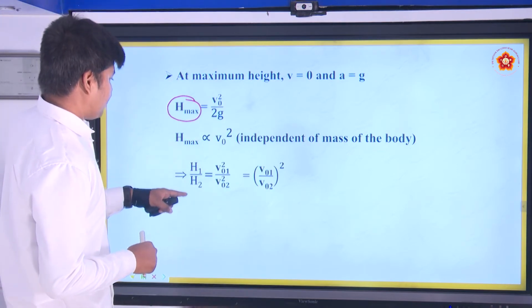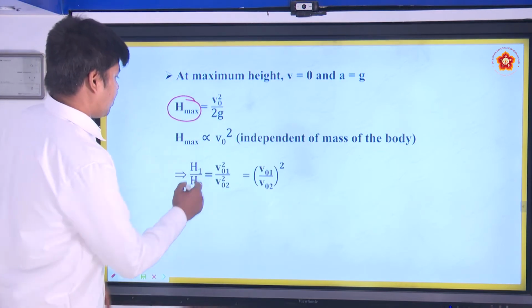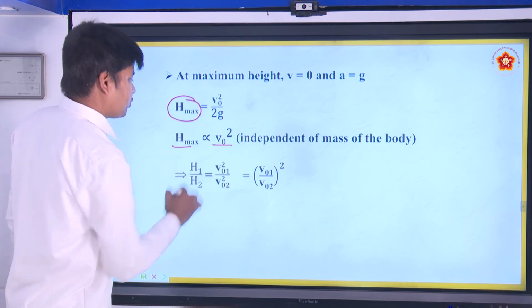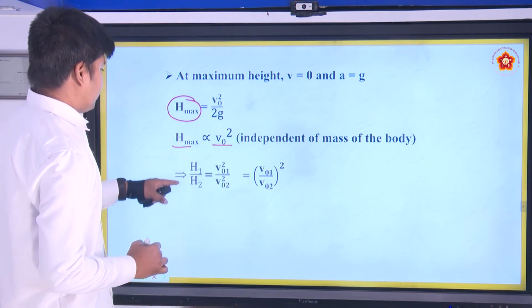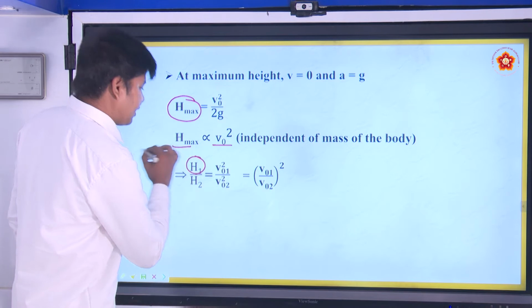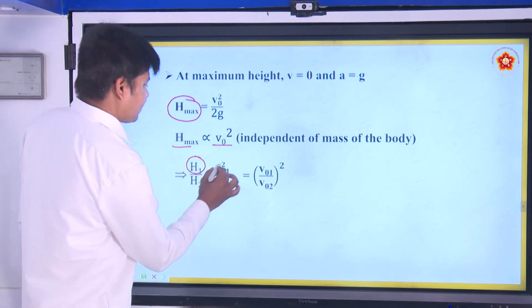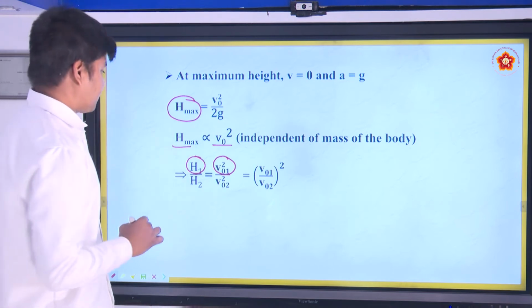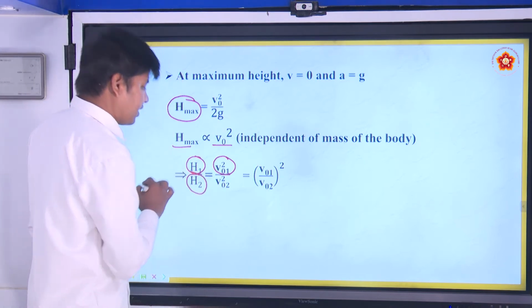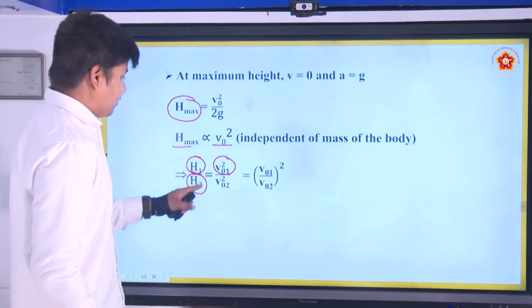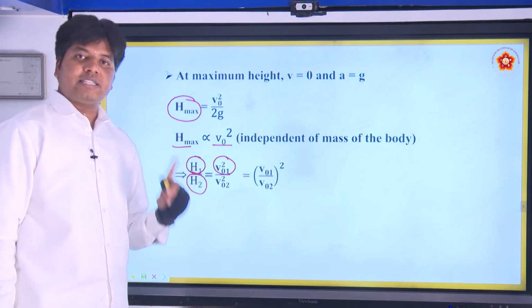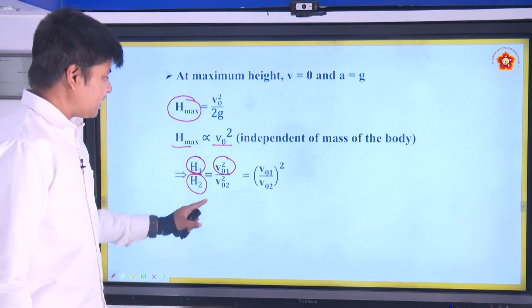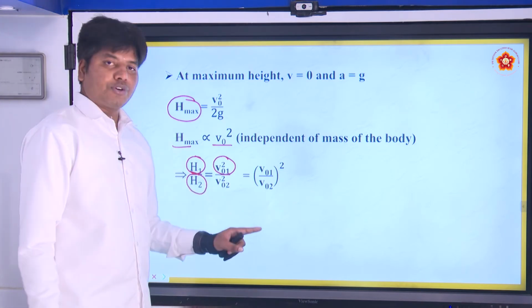See, h1 by h2 is equal to v01 square by v02 square, because this is proportional. h1 is the height attained by the first body with initial velocity v01, and h2 is the height attained by the second body traveling with initial velocity v02.